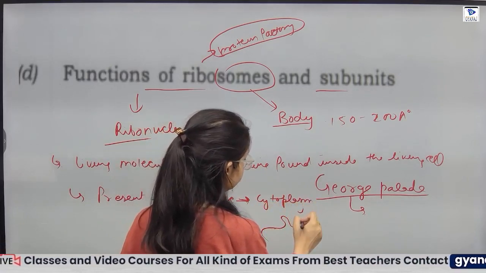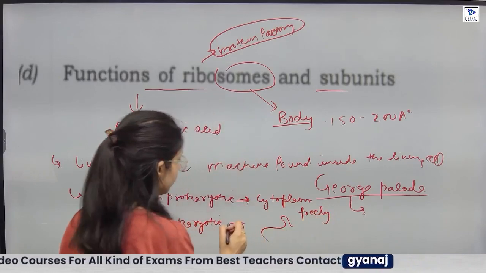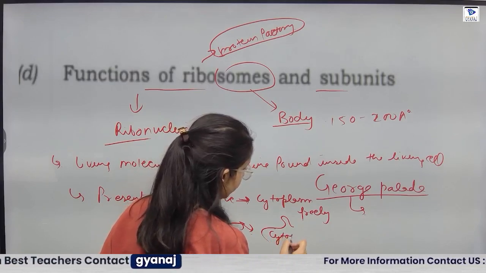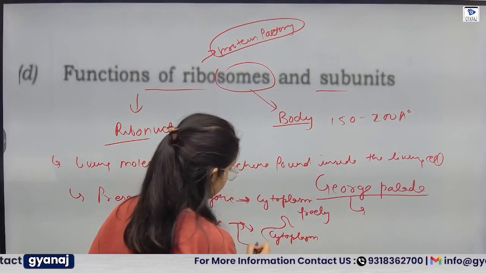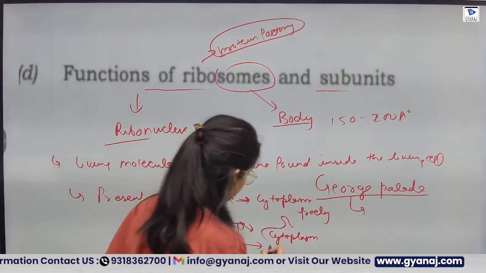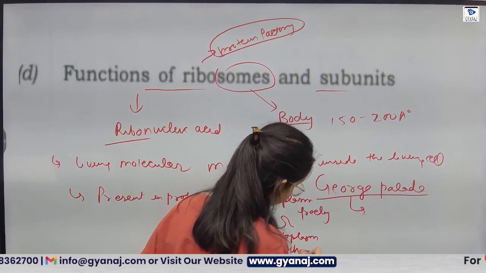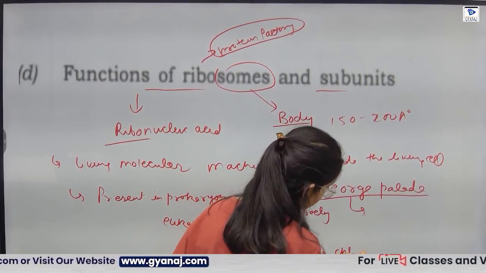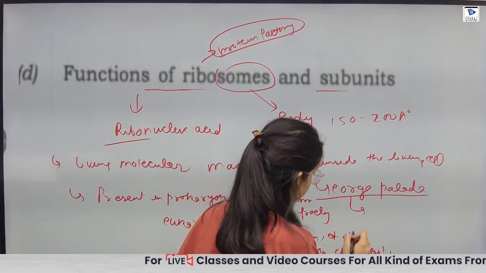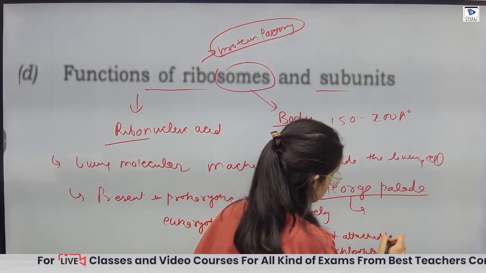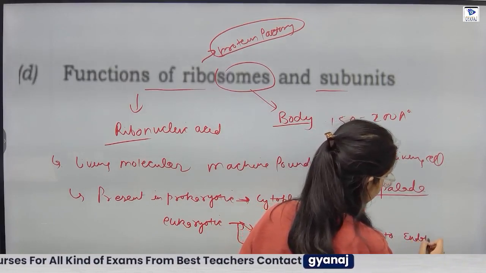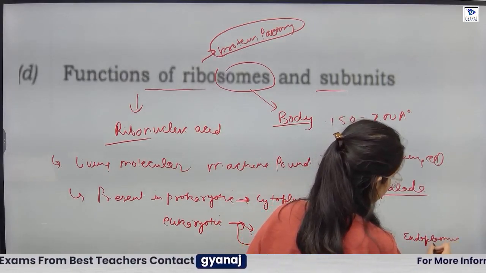In eukaryotes they lie freely in the cytoplasm, and in the eukaryotic cell they are also present in the mitochondria and chloroplast, or they are attached to the endoplasmic reticulum.